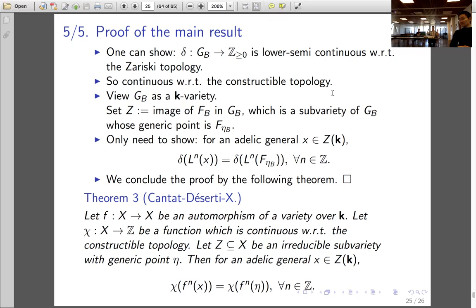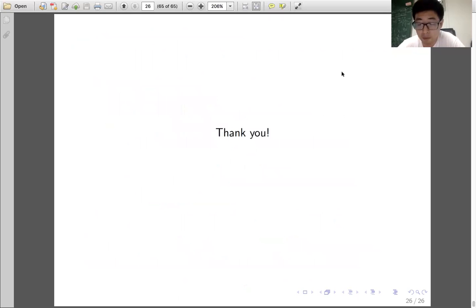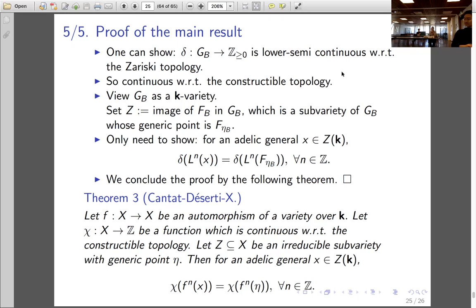Yeah, so my question is that in Theorem 3 you assume that f is an automorphism, and then you prove this equality at the end. If you don't have an automorphism, but maybe you have a morphism, then can you still prove it, or do you need an automorphism to be able to do it?